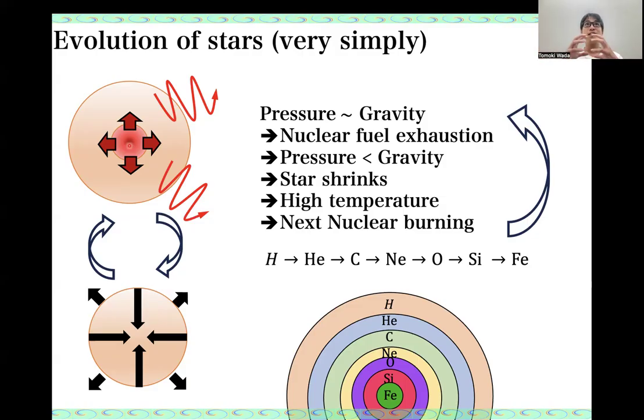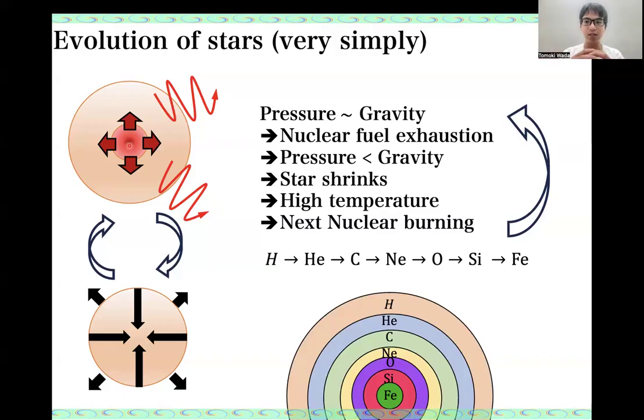And it means the star is cooled. And when it's cooled, the temperature decreases. And as a result, pressure also decreases. So the force balance is broken. Pressure becomes weaker than gravity and the gas sphere shrinks. But the shrinking of the star is a kind of adiabatic compression of gas.